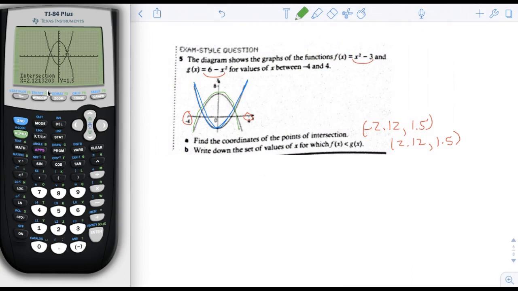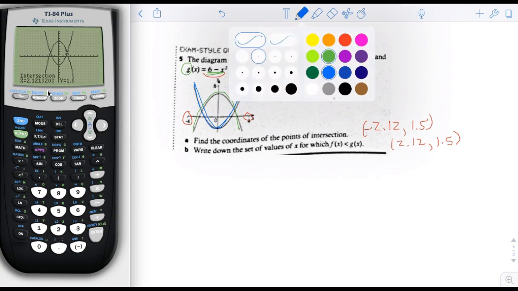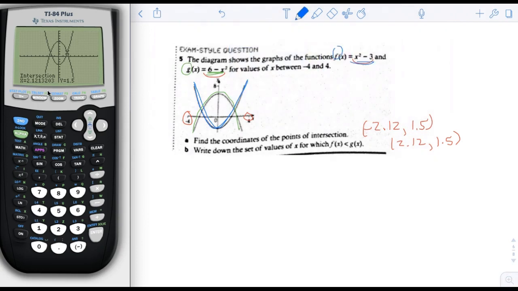Okay, so g of x is green, and f of x is blue. We know that they intersect at negative 2.12, comma 1.5 and 2.12, comma 1.5.